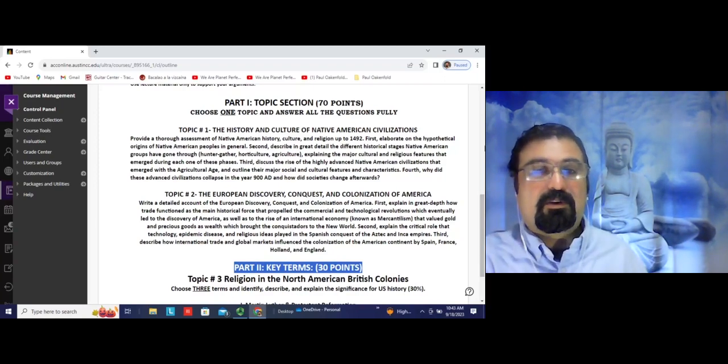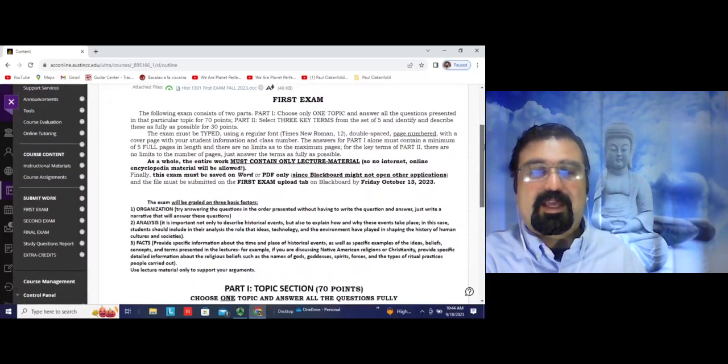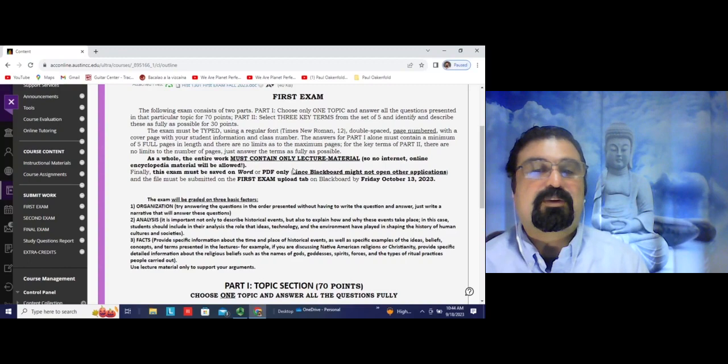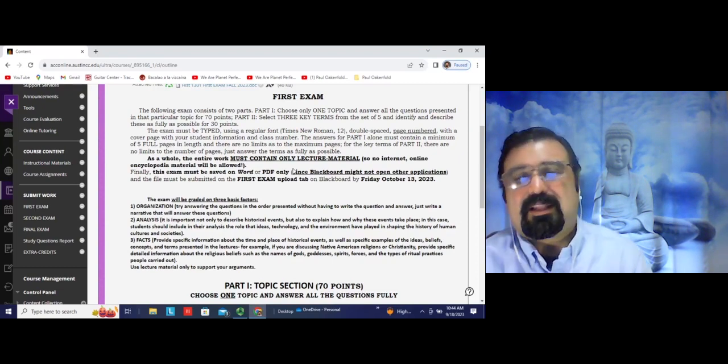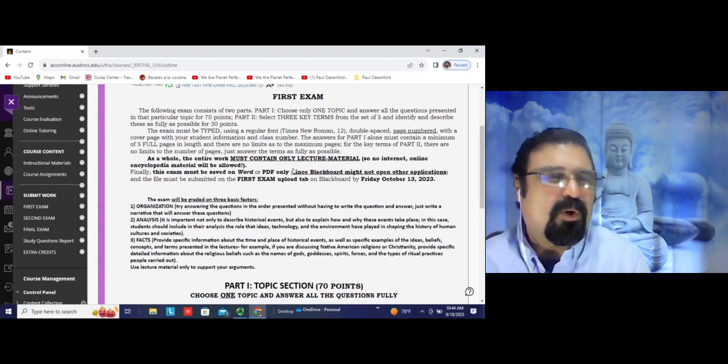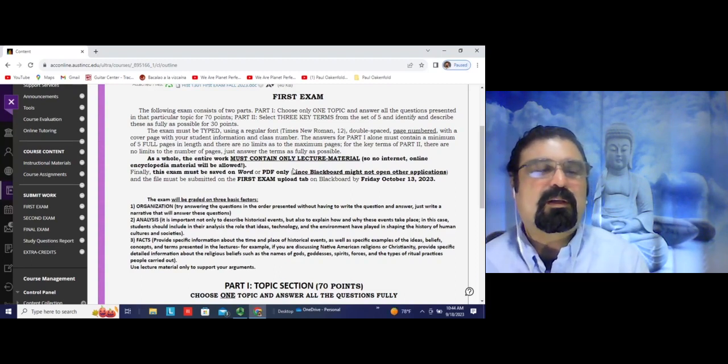The instructions clearly indicate here that the entire work must contain only lecture material. No internet, online encyclopedia material, or articles or books will be allowed. So if I start reading something I did not lecture, your work will be disqualified. Okay, so try to avoid that, because it's like working double.